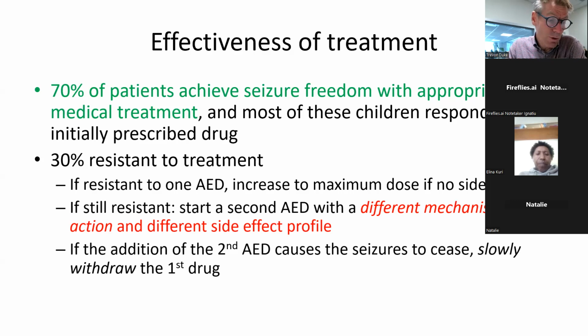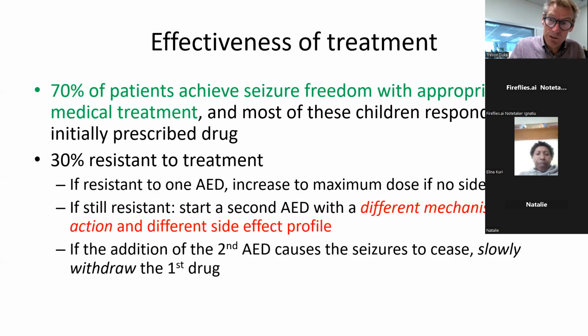And the way you manage it if they've still got ongoing seizures is, first of all, if you've chosen an anti-epileptic drug, then I tend to increase the dose to the maximum dose as long as there's no side effects, rather than adding another one. Don't add another drug if they're on a mid-range dose, unless they're having side effects.